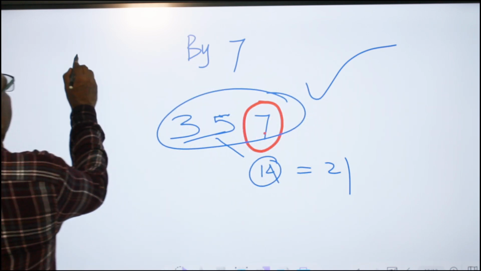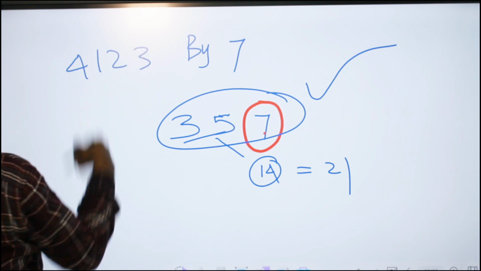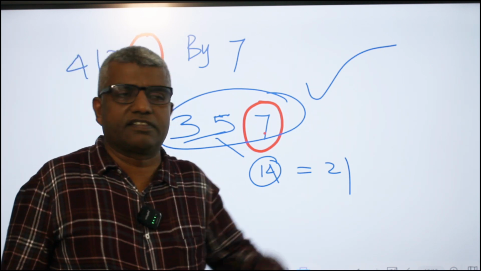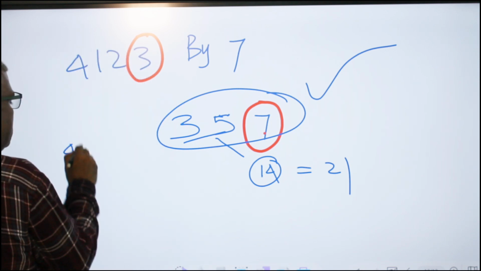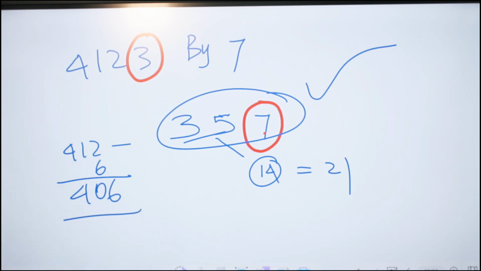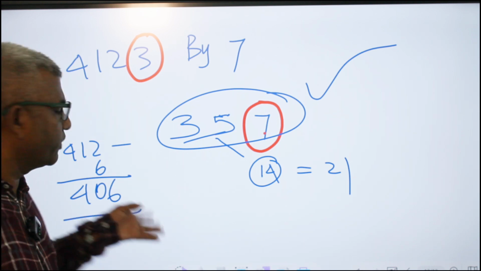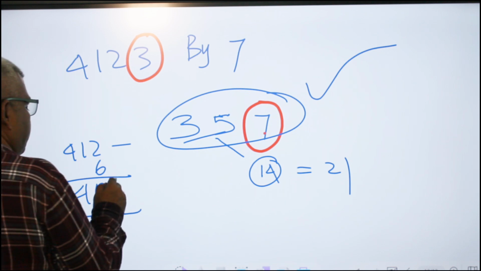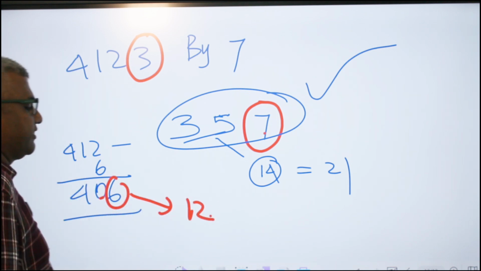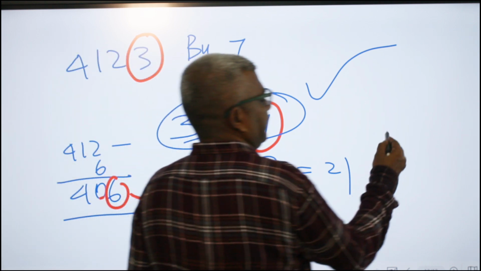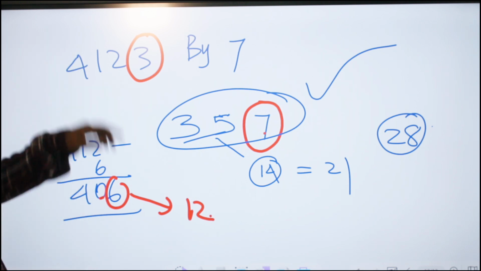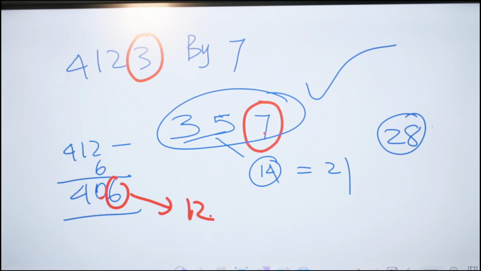For example, 4123. 3 times 2 is 6. 412 minus 6 is 406. 406, you can again check it. 6 multiplied by 2 is 12. 40 minus 12 is 28. 28 is divisible by 7. So 4123 is also divisible by 7.